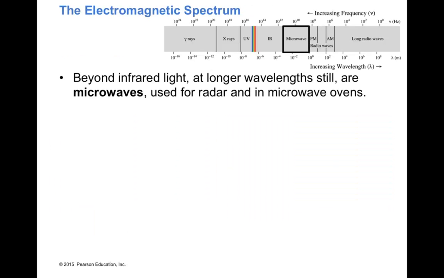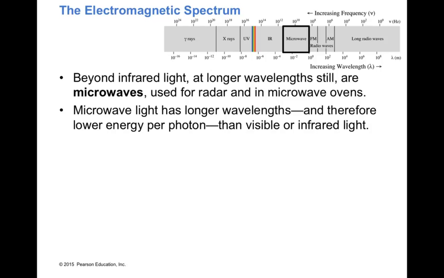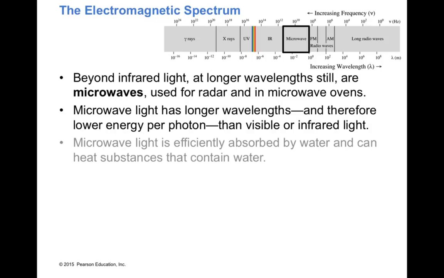The next one is the microwave. Beyond infrared light at longer wavelengths still are microwaves, used for radar and in microwave ovens. Microwave light has longer wavelengths and therefore lower energy per photon than visible or infrared light.